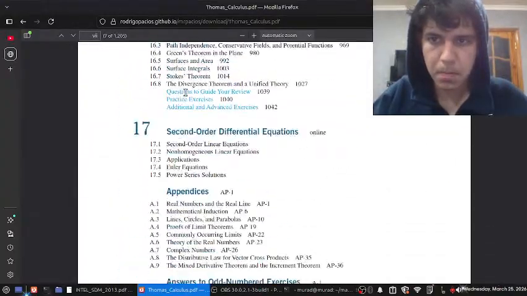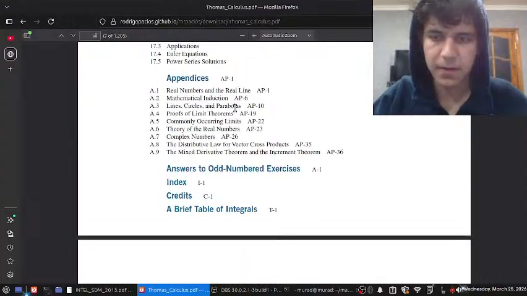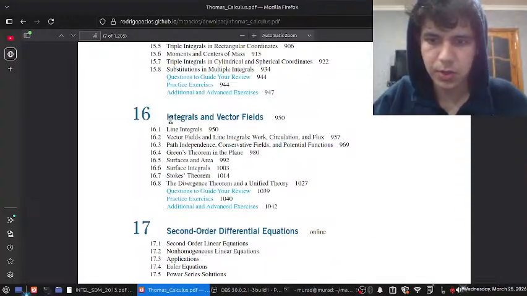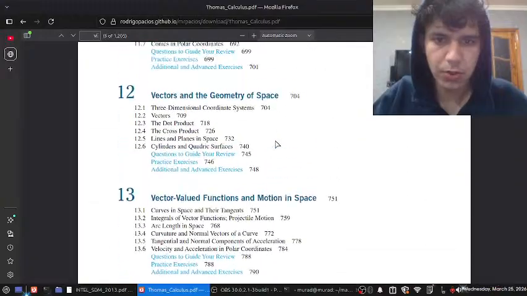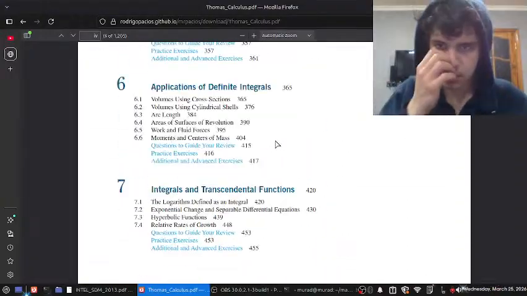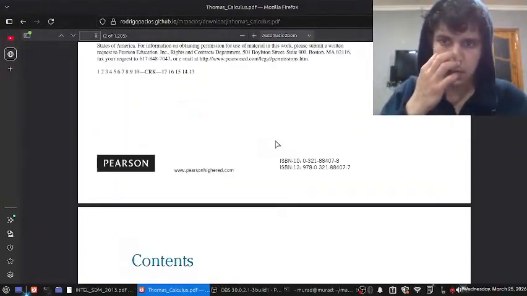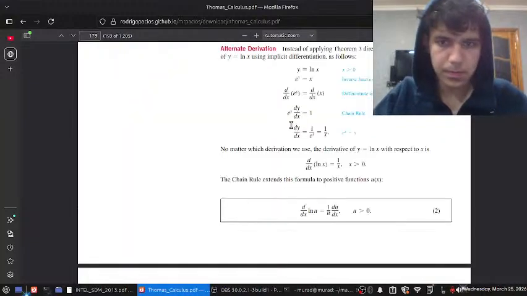It is a Bible of math, I think, because it has huge numbers of things.